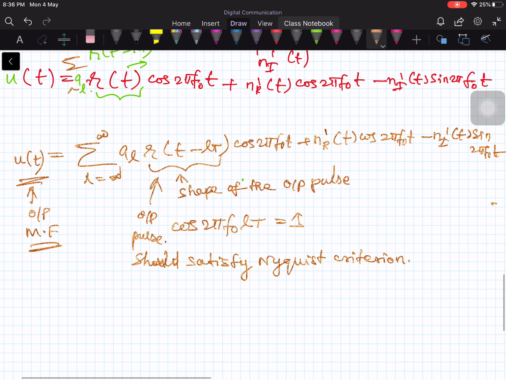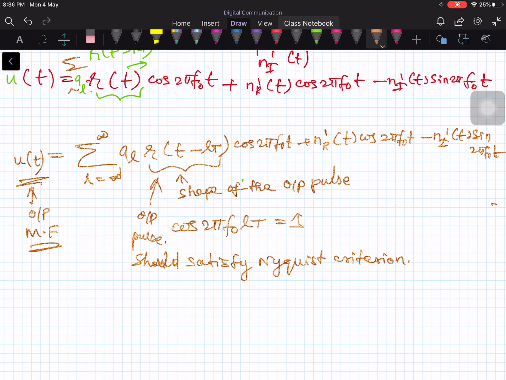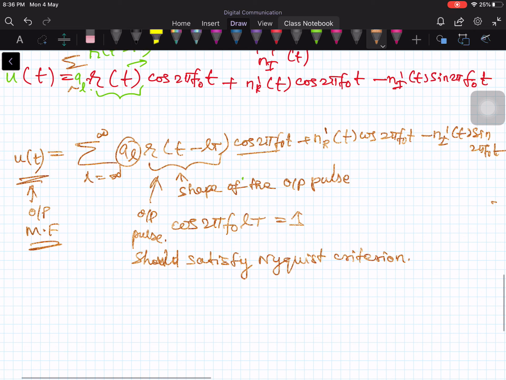Then the only contribution that will come at t equal to LT will be from A sub L. This one is going to be 1, and this one is going to be with constant magnitude, so that will be 1.